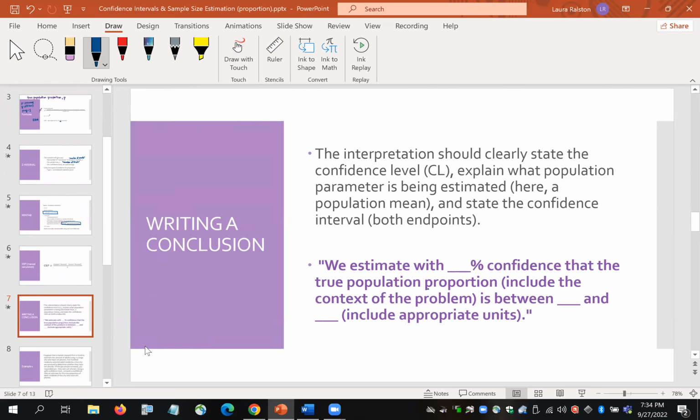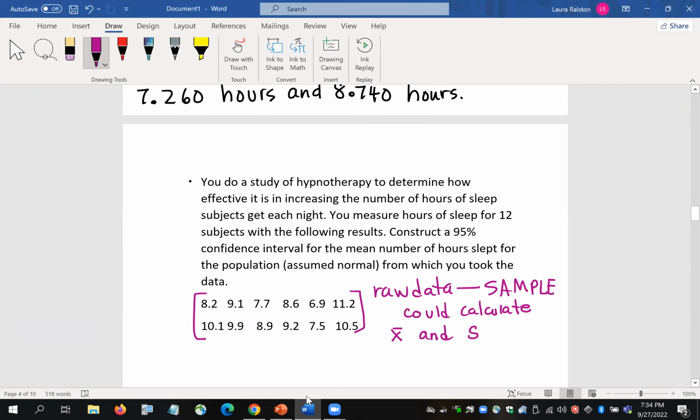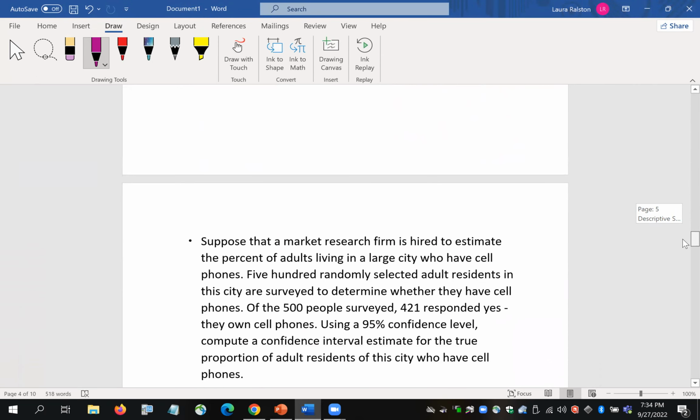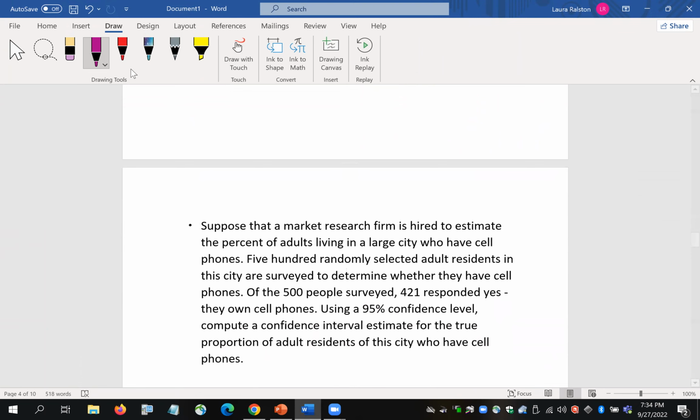We do change it to say true population proportion instead of mean, because we're talking about a proportion. Again, don't overthink it. It's the same process. It's just that you have different information, so you have to use the different command or know that you're calculating it in a slightly different way.